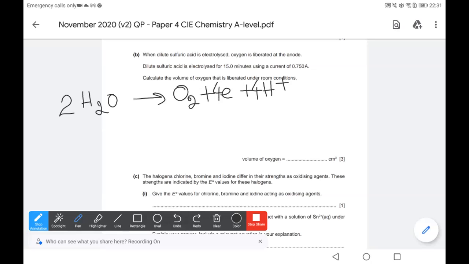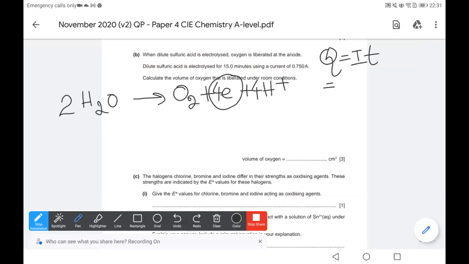Yes, this is the reaction. Electrons mean current, and they give us the current flow. You can calculate the charge from that: Q equals I times t.